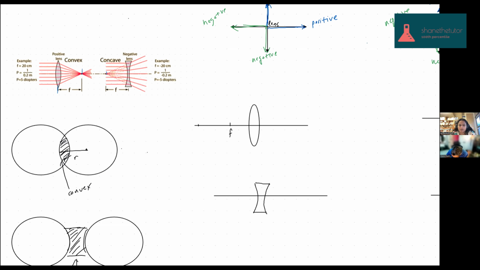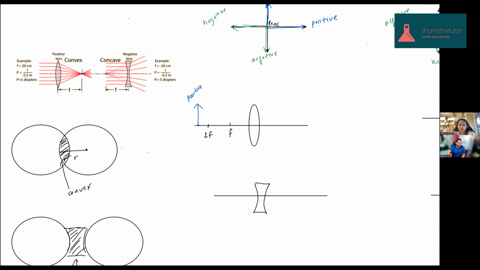Let's say this is 2f, and let's say that we have an image that's upright. That will be a positive sign for the image.